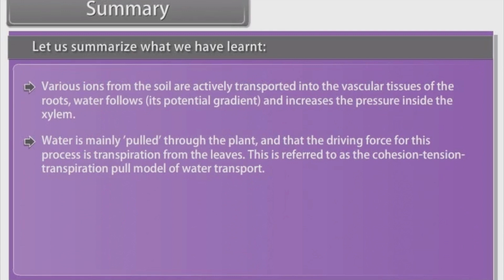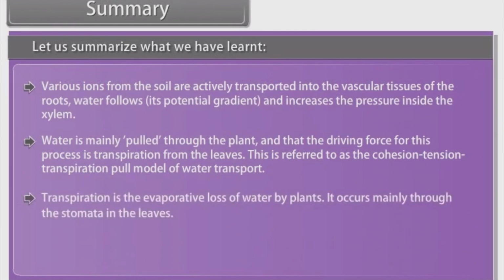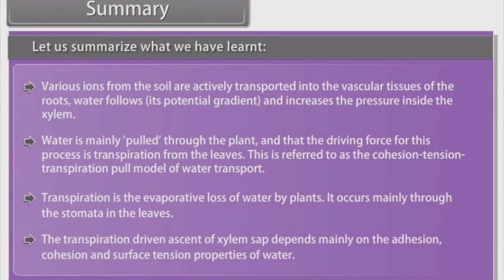This is referred to as the cohesion tension transpiration pull model of water transport. Transpiration is an evaporative loss of water by plants. It occurs mainly through the stomata in the leaves. The transpiration-driven ascent of xylem sap depends mainly on the adhesion, cohesion, and surface tension properties of water.